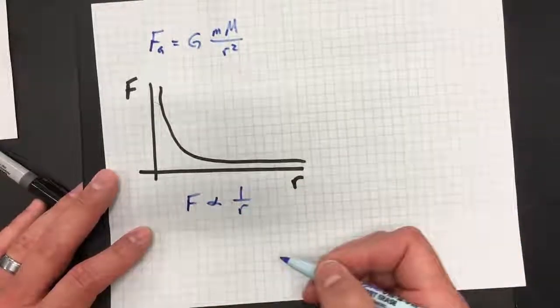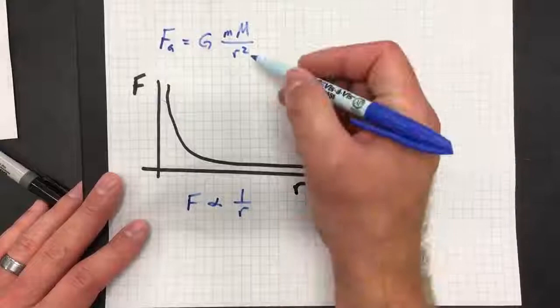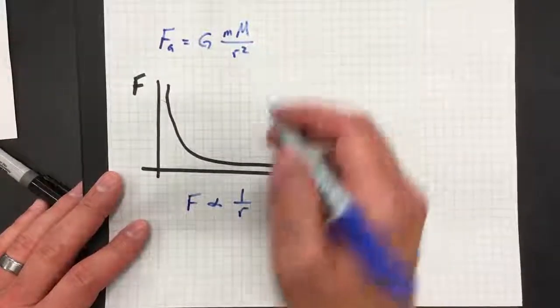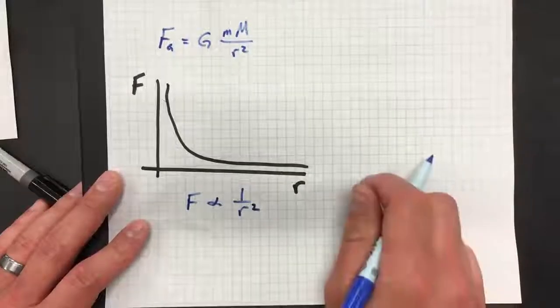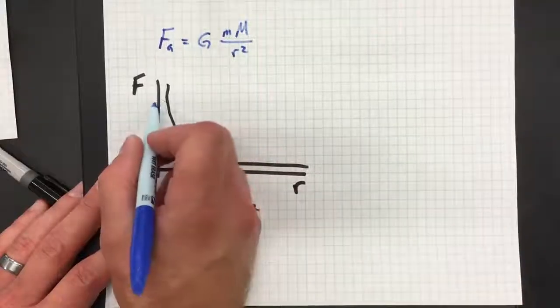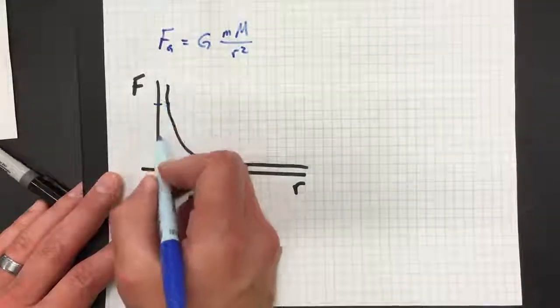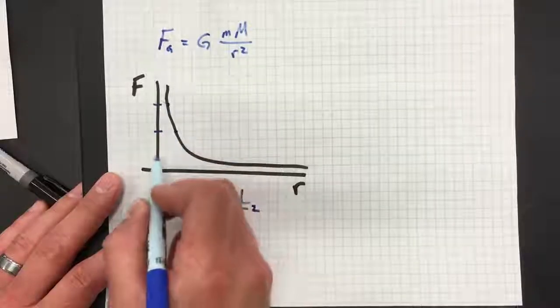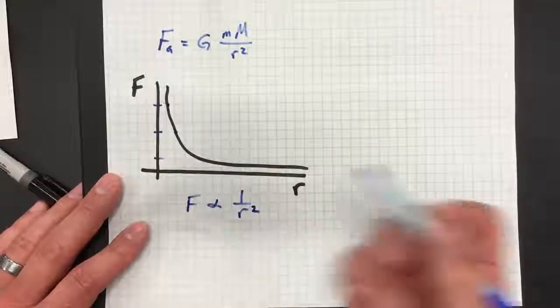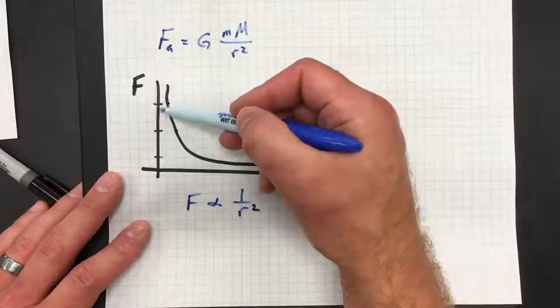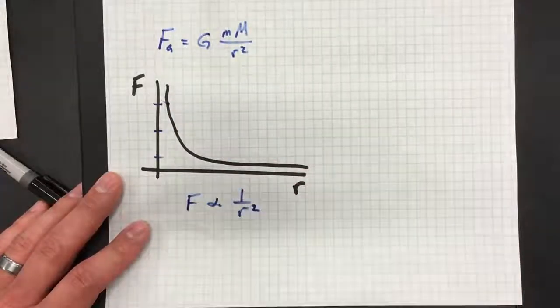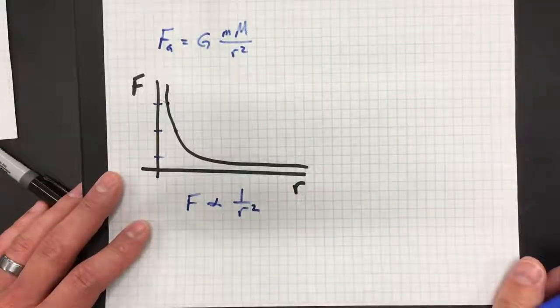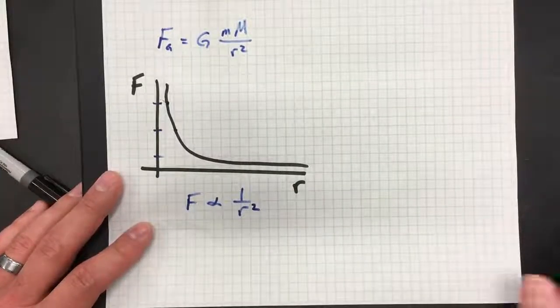We definitely know it's an inverse. So if we know the equation, we know that it's going to be proportional to 1 over r squared. If we don't know the equation, we actually have to take a look at different data points and see how the values change. So if I halved the force, how much did the distance change? And we would figure out that there would be a squared relationship.